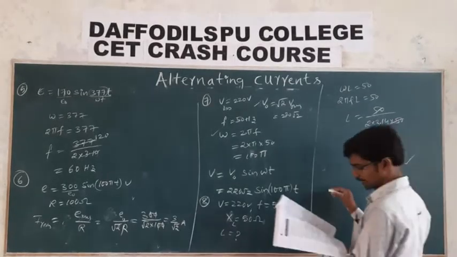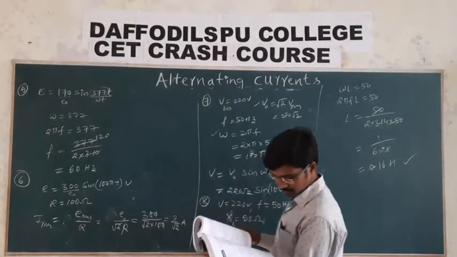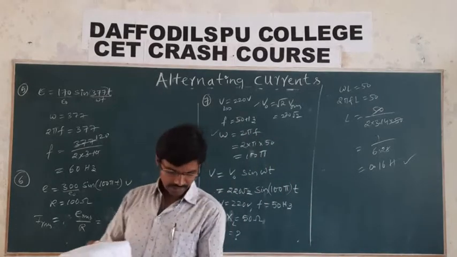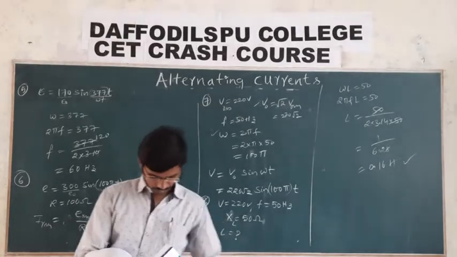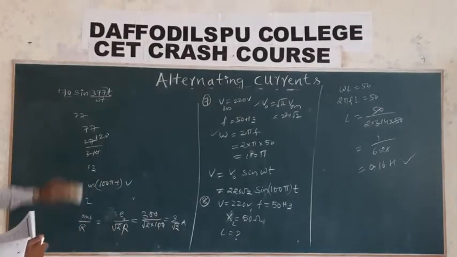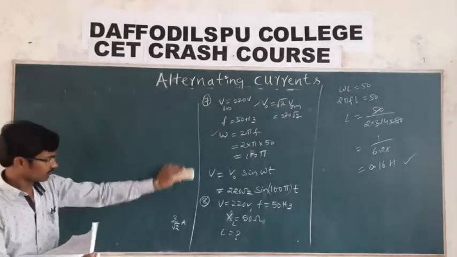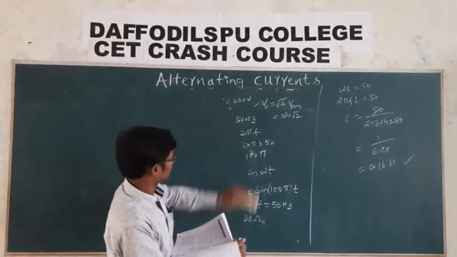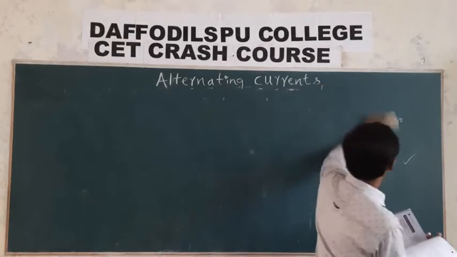Let us see the ninth one, same as this one. An alternating voltage E is equal to 100 root 2 sin 100 t is connected to a 1 microfarad capacitor. Then you need to calculate.